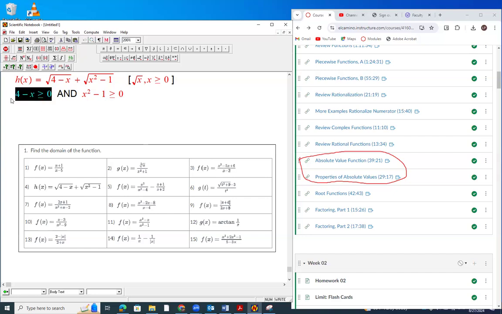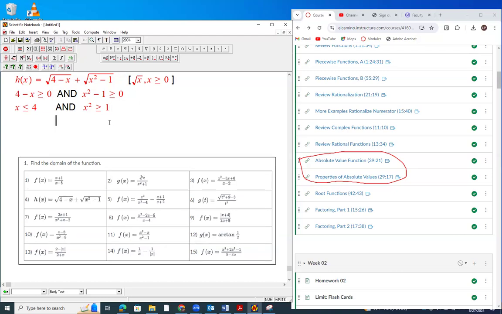On this part, we get x less than or equal to 4. On the other part, we get something interesting: x squared greater than or equal to 1.